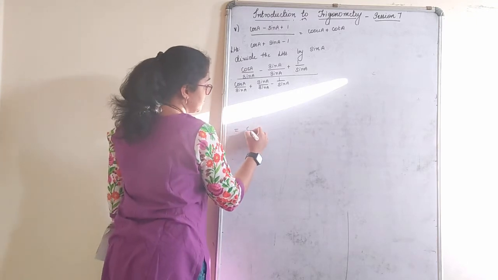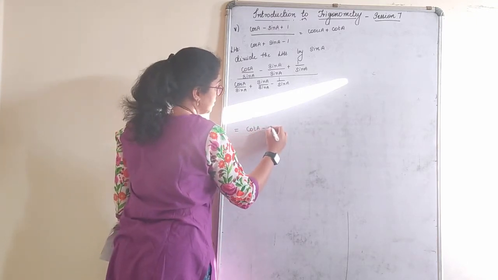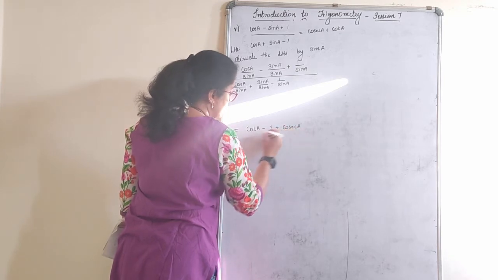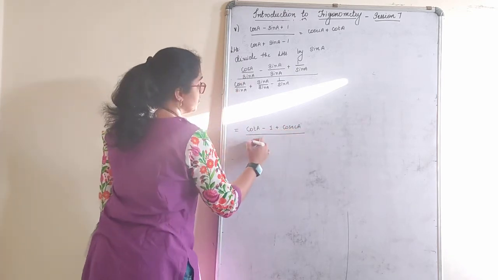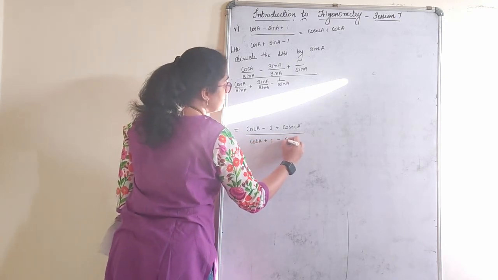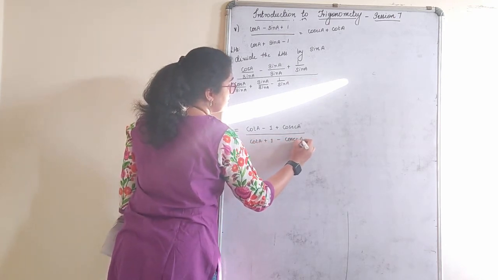Cos by sin, cot A minus 1 plus cosec A, over cot A plus 1 minus cosec A.